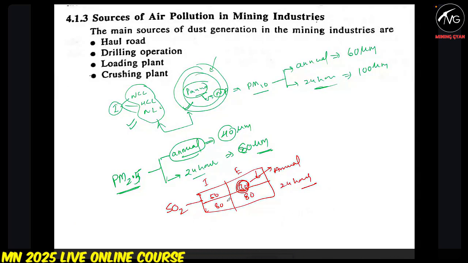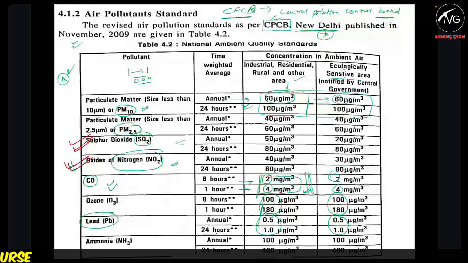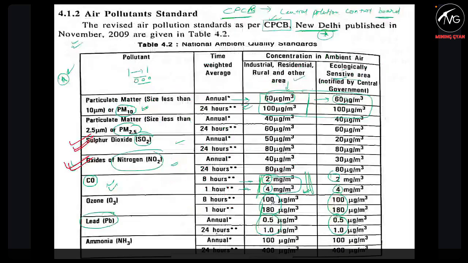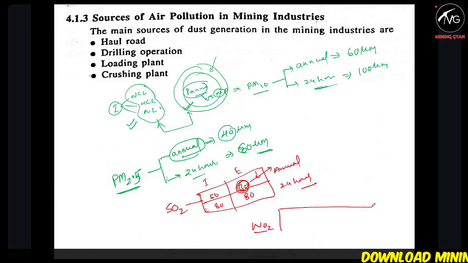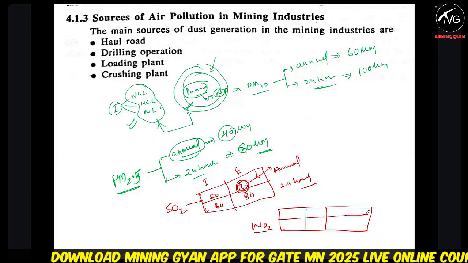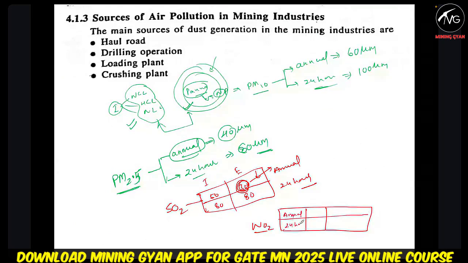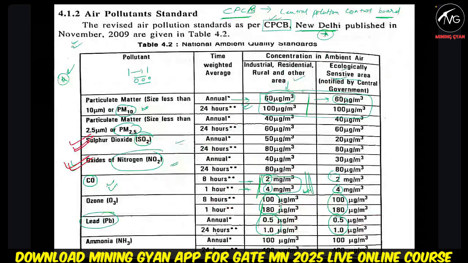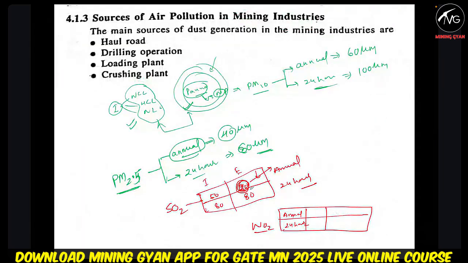If you want to calculate for the NO2, the oxide of nitrogen, so when you make a table like this, annual and 24 hour. 20, 50, 30.